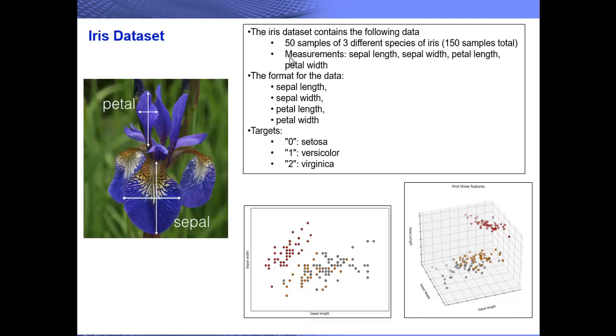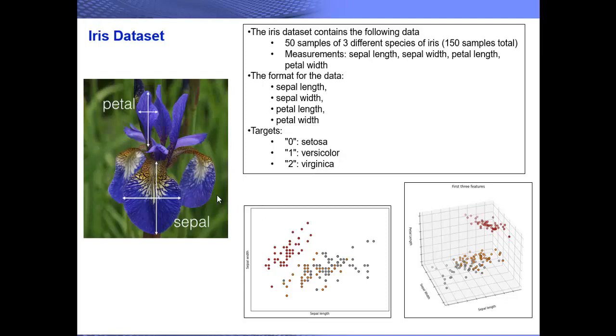This data set is about flower species, and the flower category has three different species: Setosa, versicolor, and virginica.